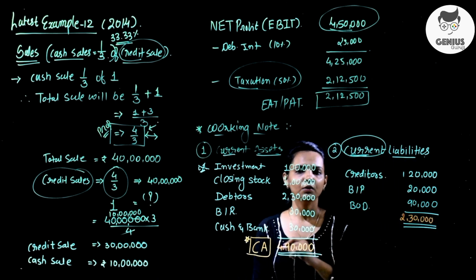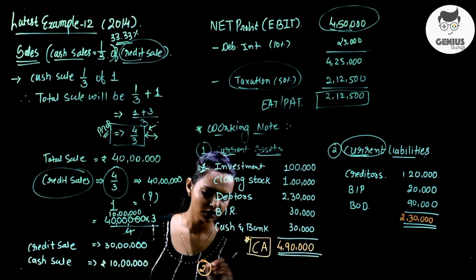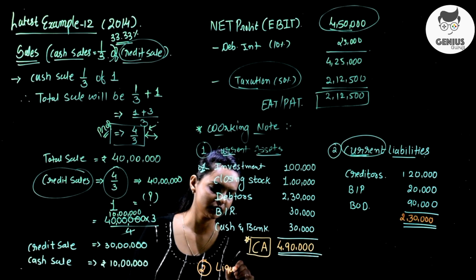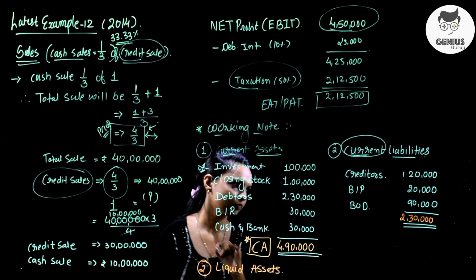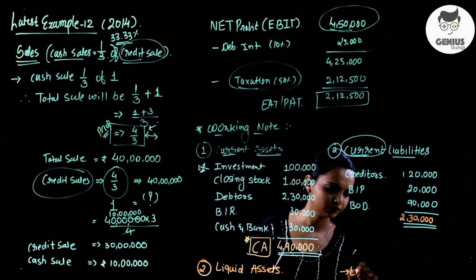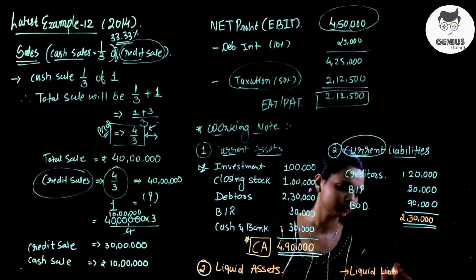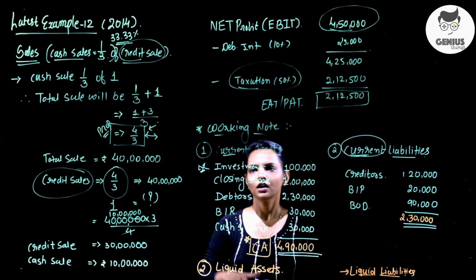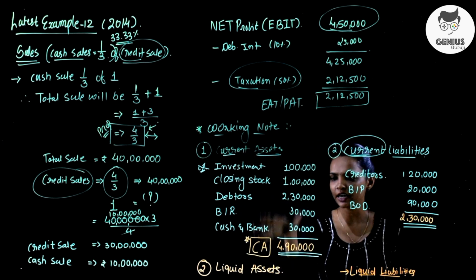Clear? Now, second point is liquid assets and liquid liability. See, how to calculate liquid assets and liquid liability from this calculation.